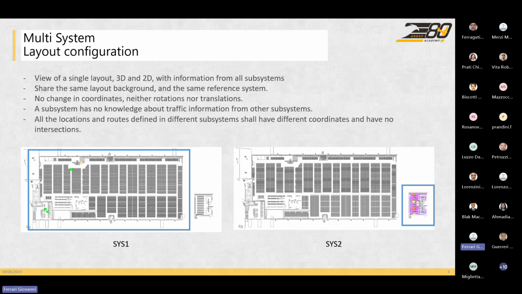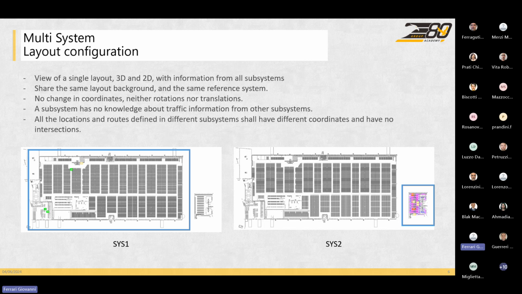At the moment, even though we discussed it and we recognize that it could be useful functionality in the future, there is no support for configuration that allows us to perform translations or rotations on coordinates.